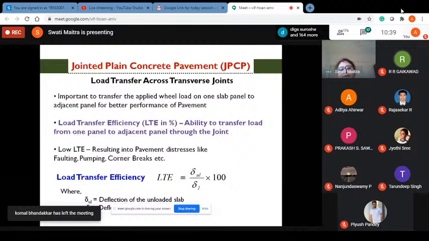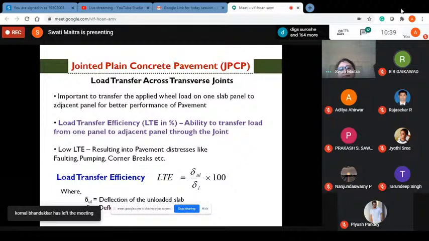So when we construct it, if it is done in, say, daytime or nighttime, anytime, when it is constructed, because of its plasticity, the top surface of the slab remains flat. But maybe in that case, there is some gradient, right?